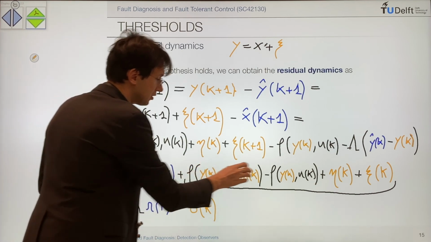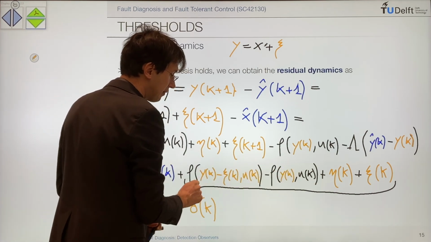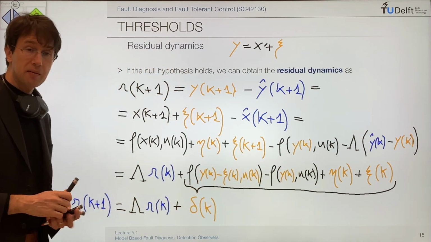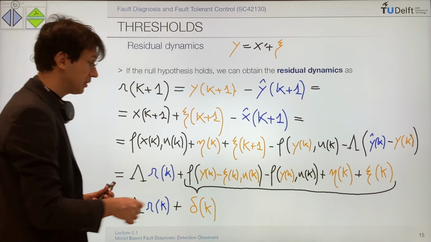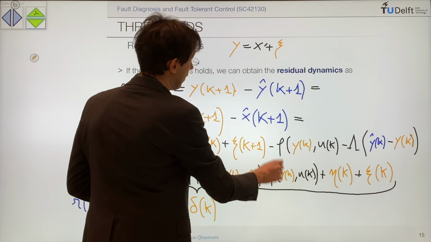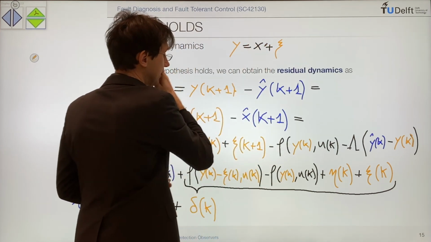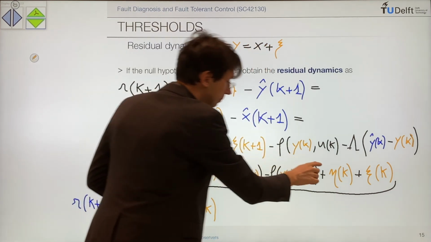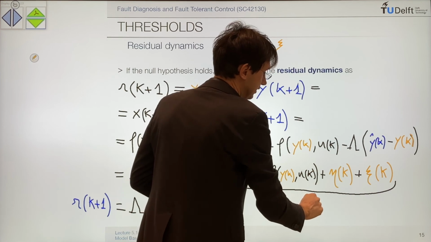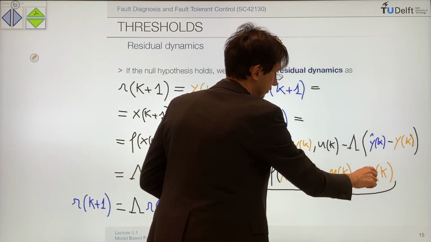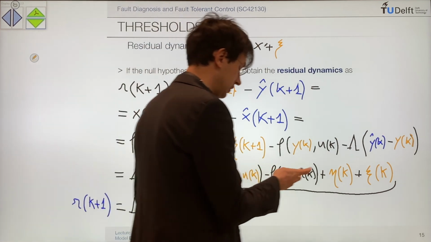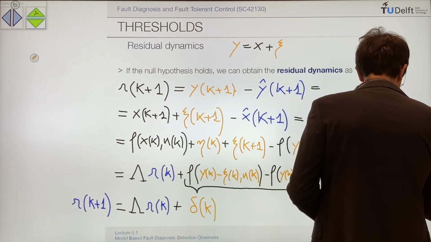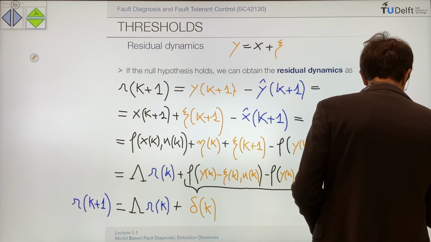So this is a sort of difference between the nominal dynamics that is actually occurring and the one that we think is occurring, because we only have access to y, which is a noisy measurement of x, plus the effect of this process uncertainty plus the effect of the measurement. And sorry, there is a small mistake here. It is not k, but k plus 1.